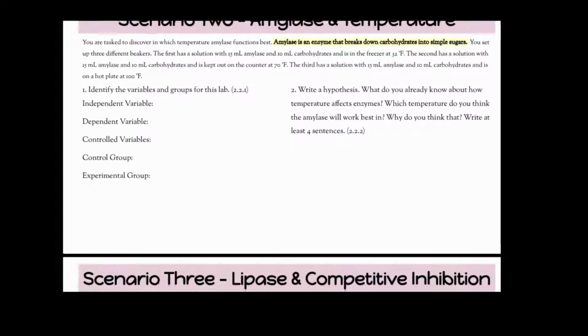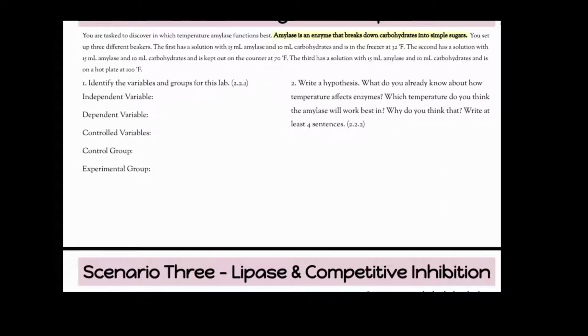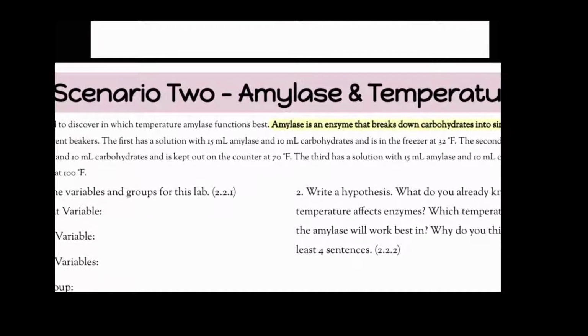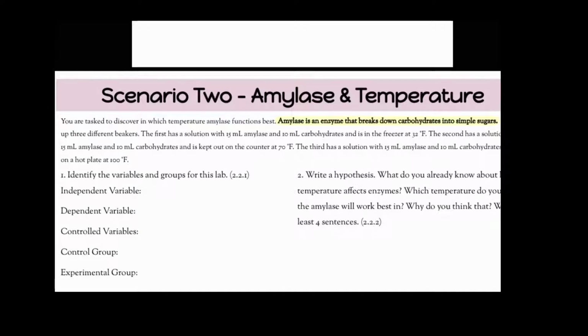So again, let's draw a picture so we make sure we understand what we're looking at here. Okay, so we have 3 beakers. And if I look back at the description, it looks like they actually all have 15 milliliters of amylase, 10 milliliters of carbohydrates. We can see all 3 of them have that same amount. So let's go ahead and put those amounts in here.